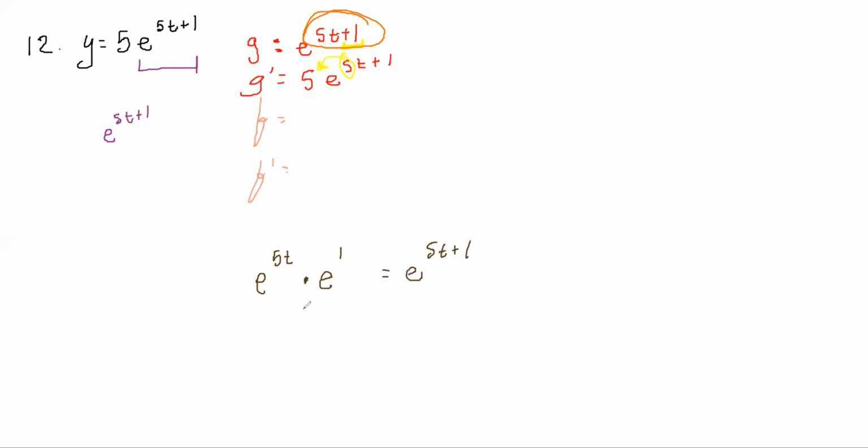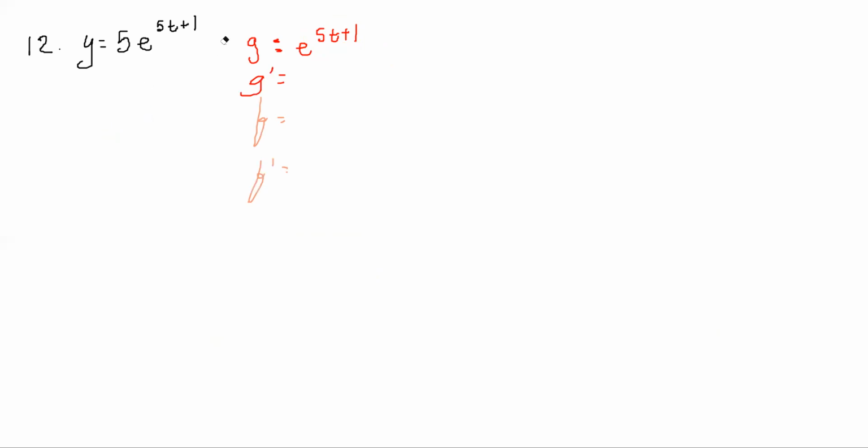I think that's how multiplying powers works. I hope it is because I just said it. And so taking the derivative of this function is different than taking the derivative of this function. What I'm trying to get at here is that it's a bit of a struggle and you're forced to make some assumptions if you make that your g. So picking this as g is not what I would do, because then you're basically still in the same boat that you were when you started to solve the problem.